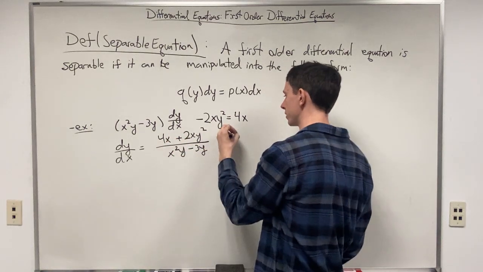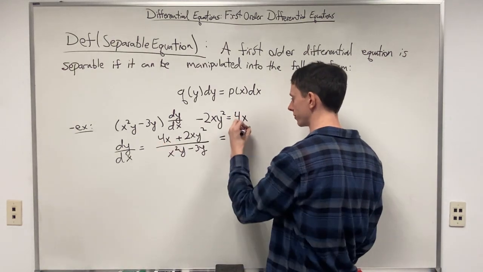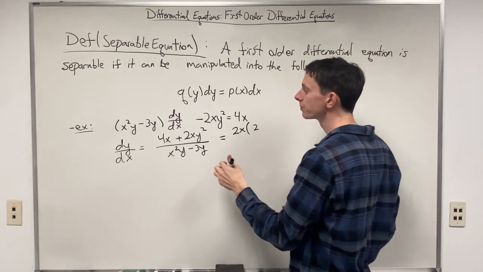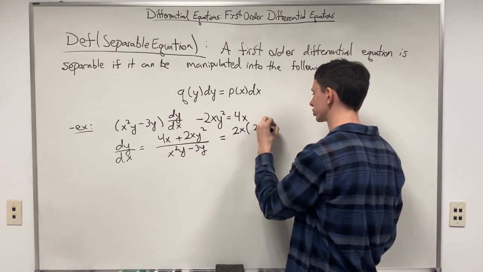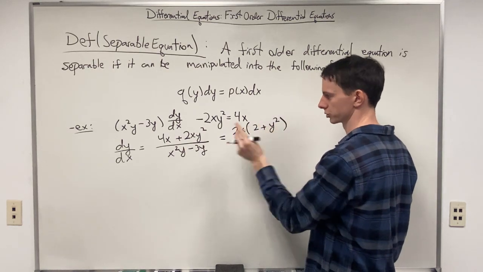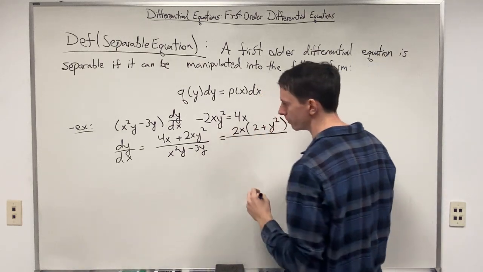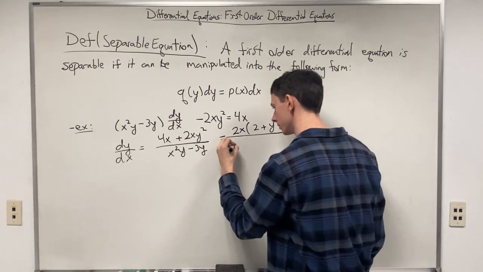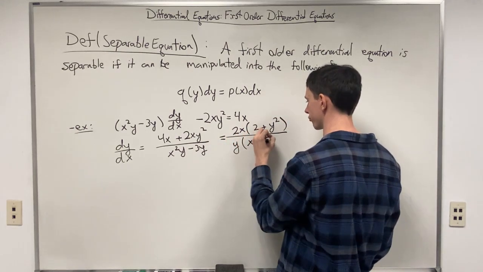If I were to take out 2x from both of the terms in the numerator, for this first term I would be left with just 2, because 2x times 2 is 4x. And for my second term, I'm left with just y squared, because 2x times y squared is 2xy squared. I can factor out 2x from the top, and then from the bottom, it looks like I can just take out a factor of y. And that's going to leave me with just x squared minus 3.